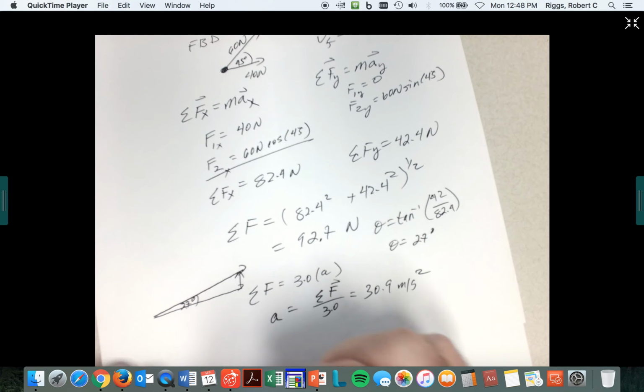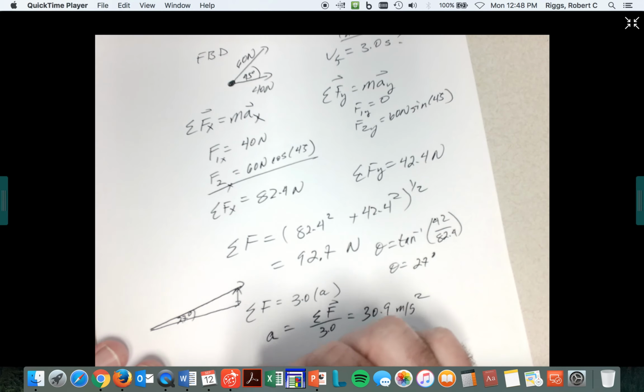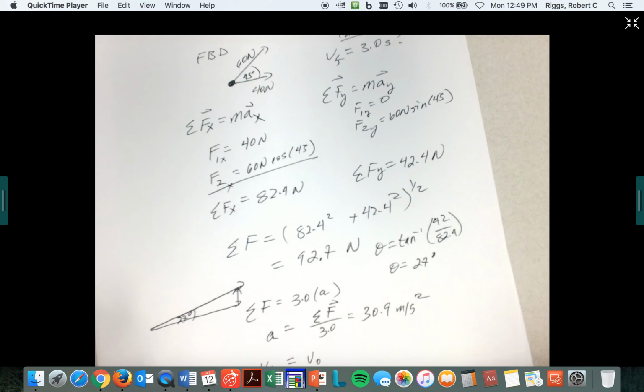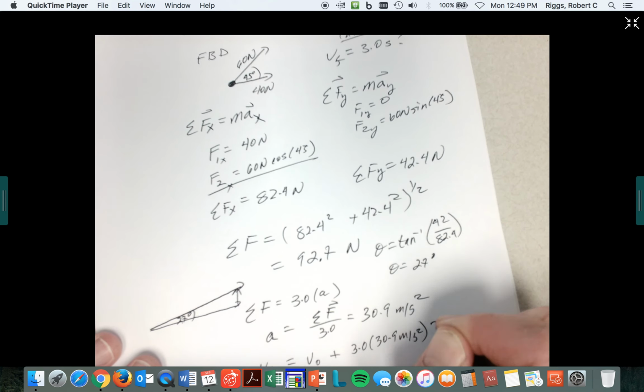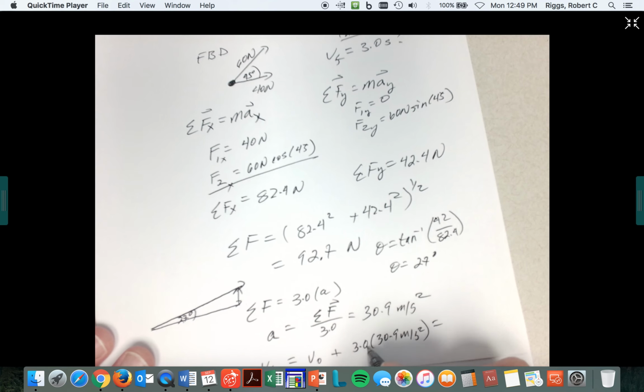So what's the final velocity after, what did I say, 3 seconds? Final velocity would equal v naught, which the initial velocity we're assuming is 0, plus 3 seconds times 30.9 meters per second squared. Notice I got seconds here.